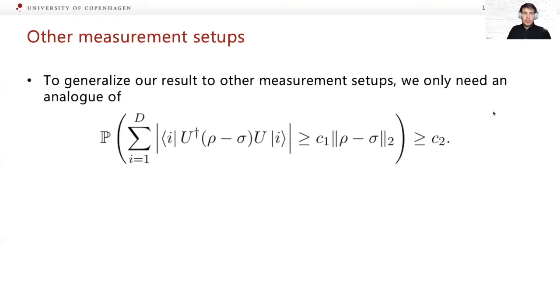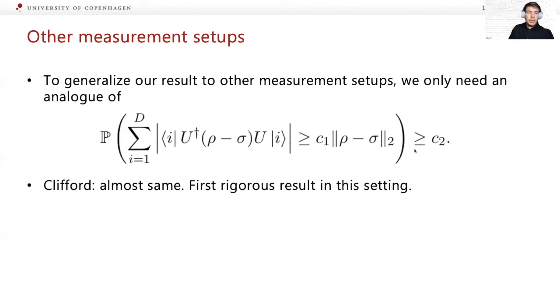And the nice thing about our approach is that generalizing what we just did from unitary 4 designs to any measurement setup only requires an analog of this equation, which allows us to say how well we can distinguish states with this measurement setting. For instance, we are then able to easily generalize our results to random Clifford measurements, which to the best of my knowledge was still an open problem.